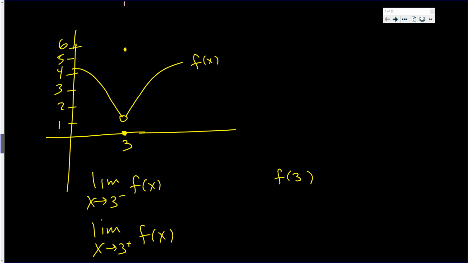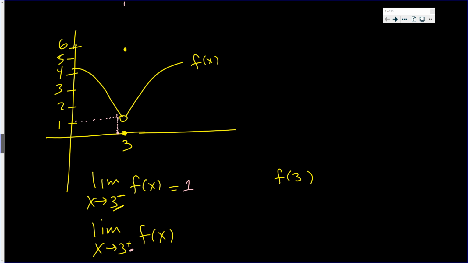Okay, so this tells me I get closer to 3, but I'm always a little bit less than. That is, I'm around here, and the y value around here is 1.